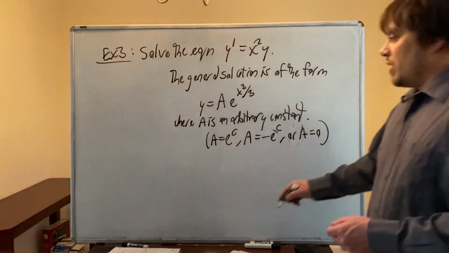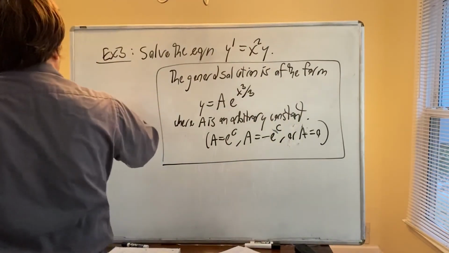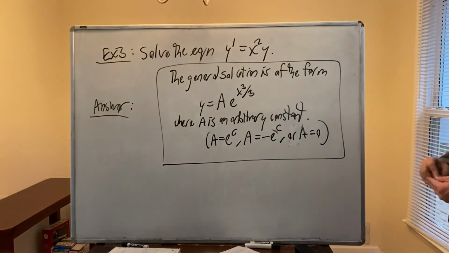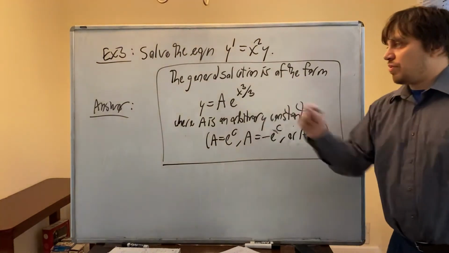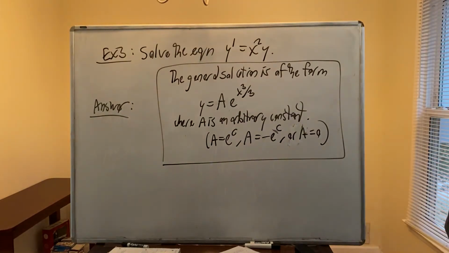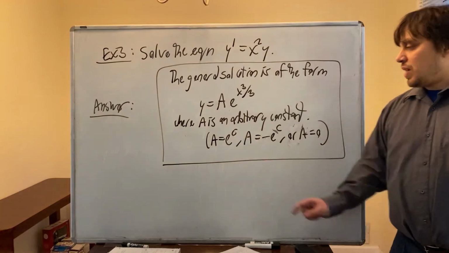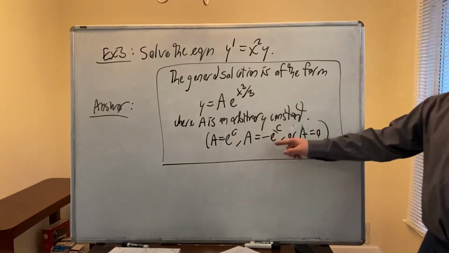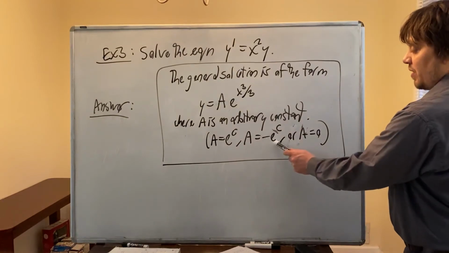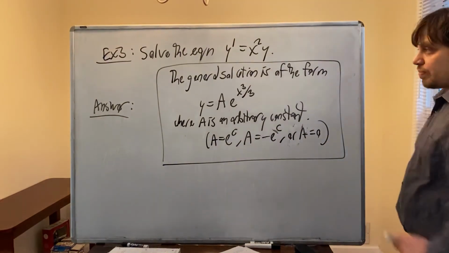Okay, and so our final answer is this. This is the answer. The question was solve the equation y prime equals x squared y. The answer is the general solution is of the form y equals capital A times e to the x cubed over 3, where capital A is an arbitrary constant, and either A will equal e to the c, or A will equal negative e to the c, or capital A will equal 0.